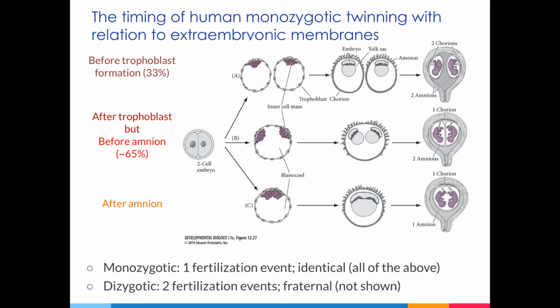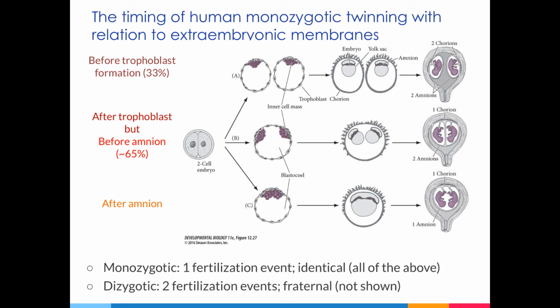It's important to know that the twinning events that we're going to discuss refer to identical or monozygotic twins, which are derived from a single fertilization event, in other words, the fusion of one egg and one sperm. Dizygotic twins are different than this because they result from two separate fertilization events, in other words, two eggs, each of which are fertilized by a different sperm.